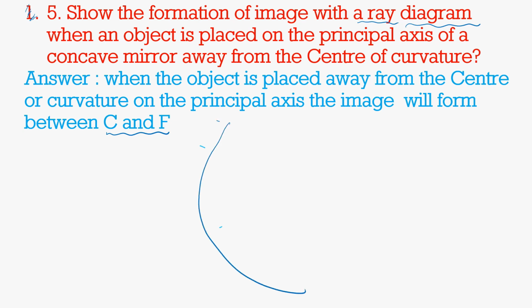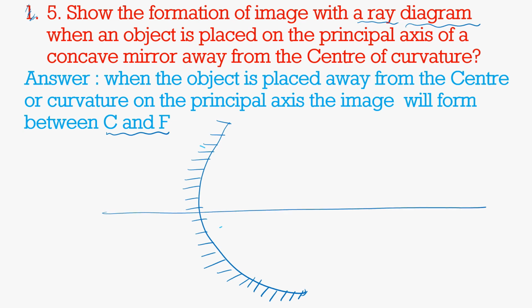This is the concave mirror, and this is the polished surface, the reflecting surface. Now we are taking the principal axis. This is the pole, the geometric center of the spherical mirror, and here F is the focus and this is C.